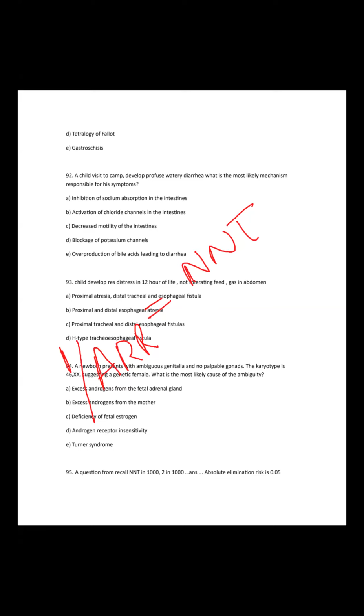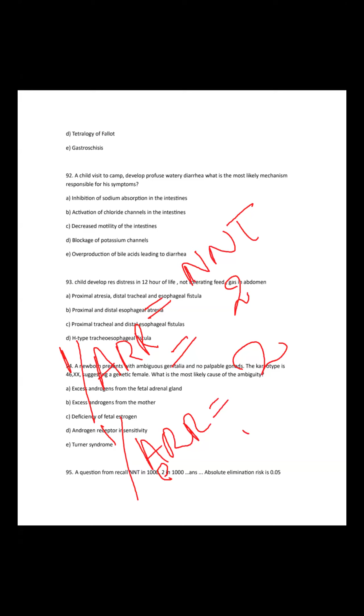If your NNT number is 2, just put the 2 over here: 1 divided by absolute risk reduction equals 2, okay?